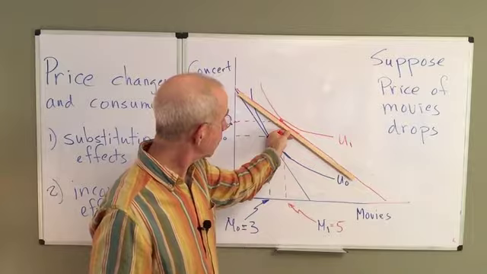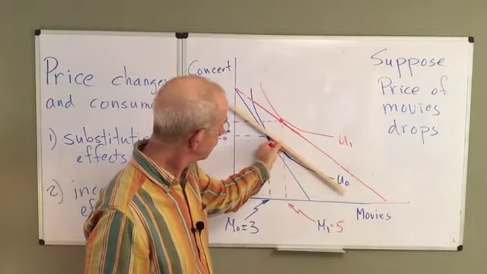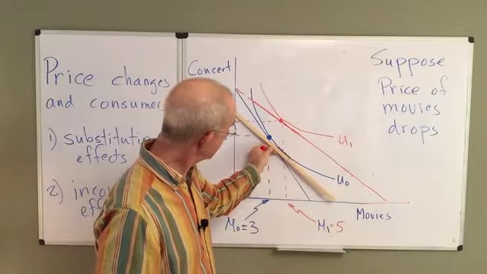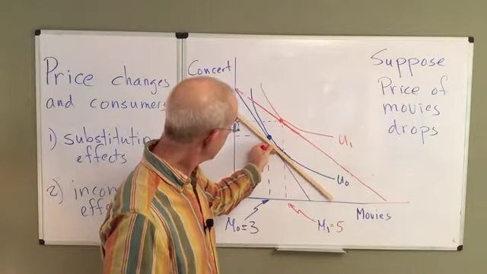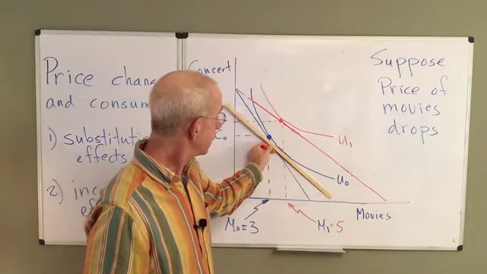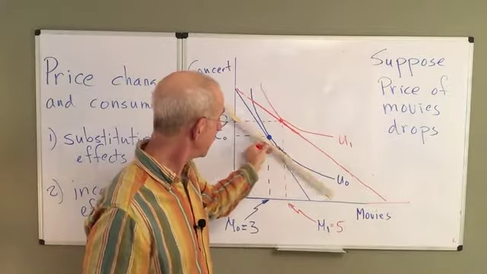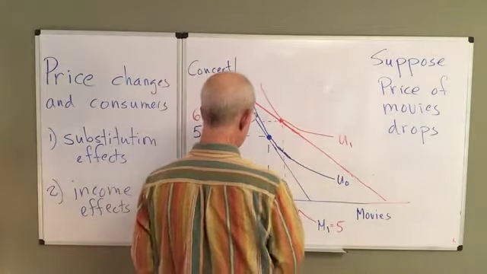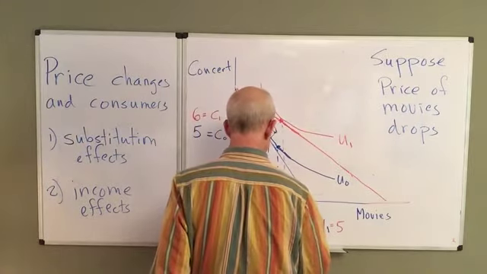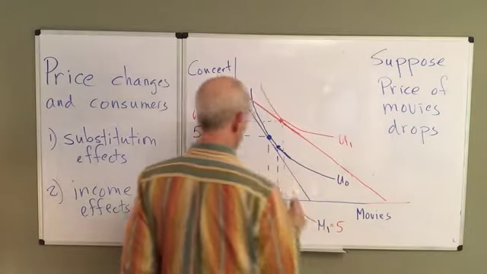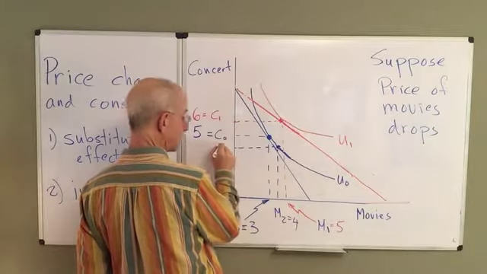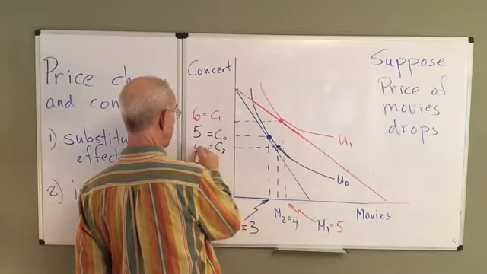And what we're going to do is shift this back to where it's just tangent to the original indifference curve, and that is going to be, let's say, at 4 and 4.